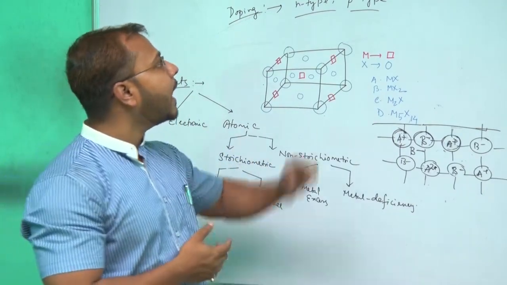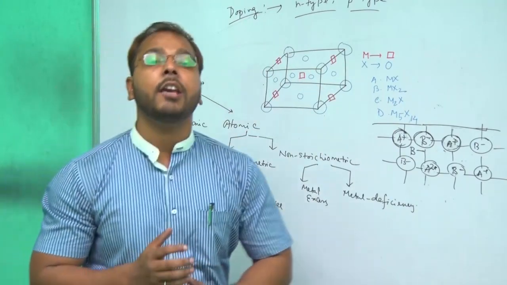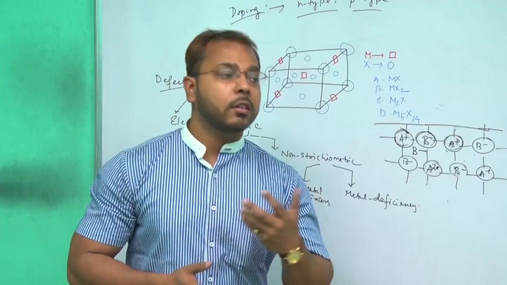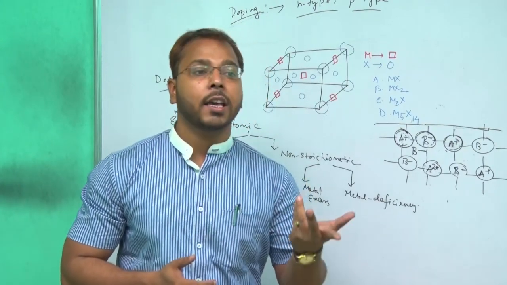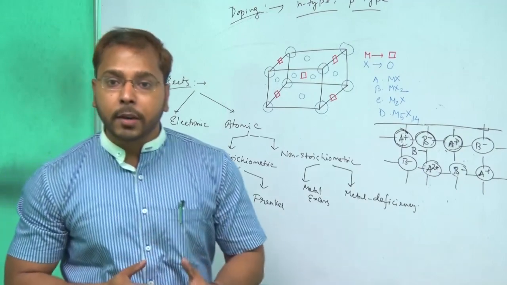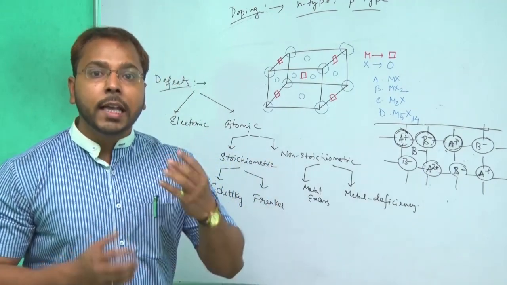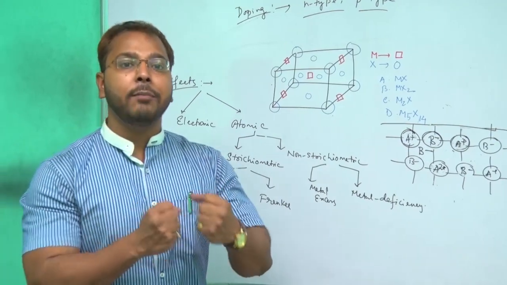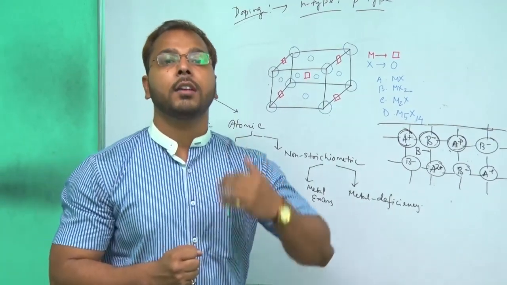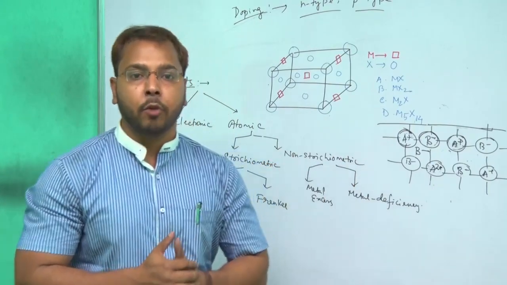But when they are doped with pentavalent elements like phosphorus, like arsenic, then what is happening? Due to the presence of an extra electron, they have the ability to conduct electricity, developing a conductivity property.